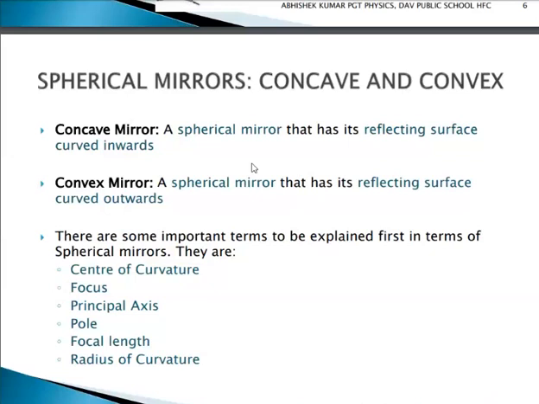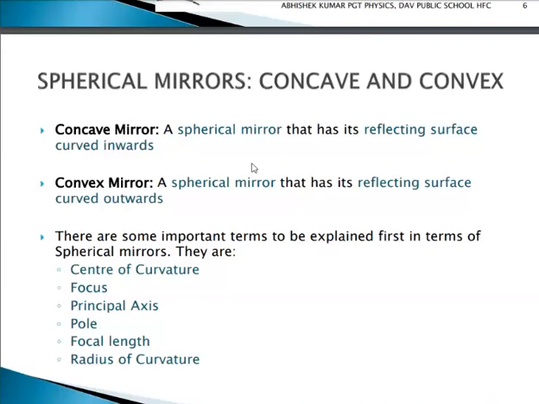Therefore, a spherical mirror could be of two types. First one is a concave mirror. It is a spherical mirror that has its reflecting surface curved inwards. It means a spherical mirror is silvered from outside and its reflecting surface is facing towards the center of curvature.